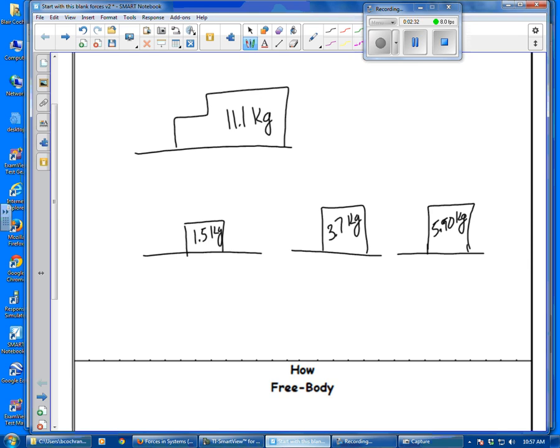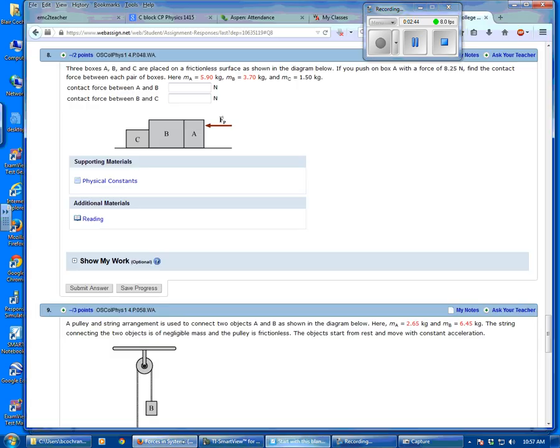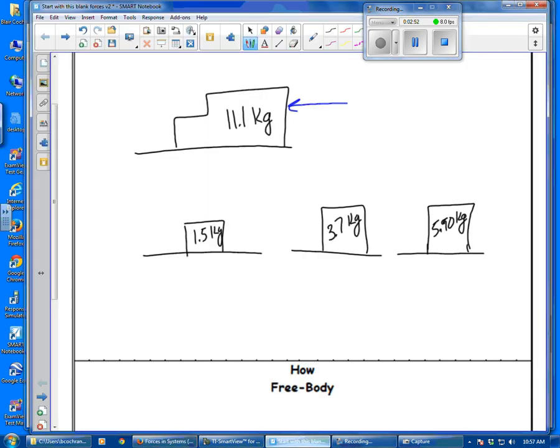Yeah. All right. Remember, you don't have to write those inertias in there, but it's not a bad idea. So we push here with a force for me of 8.25 newtons.